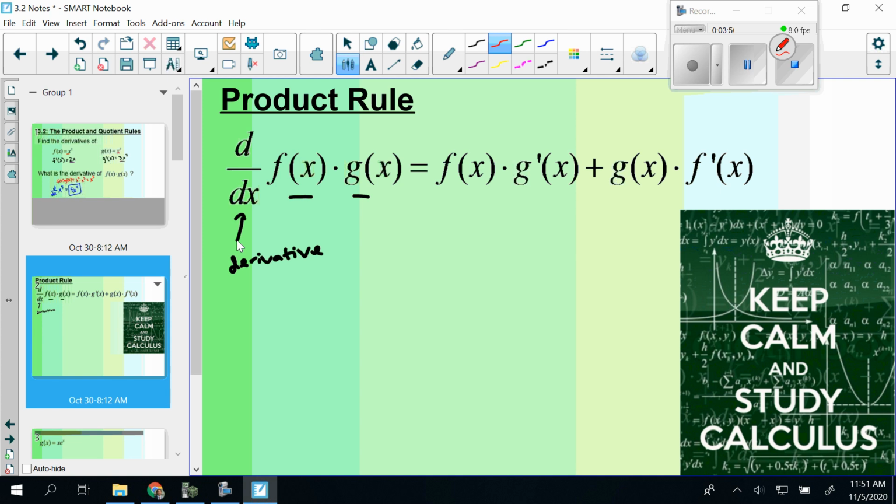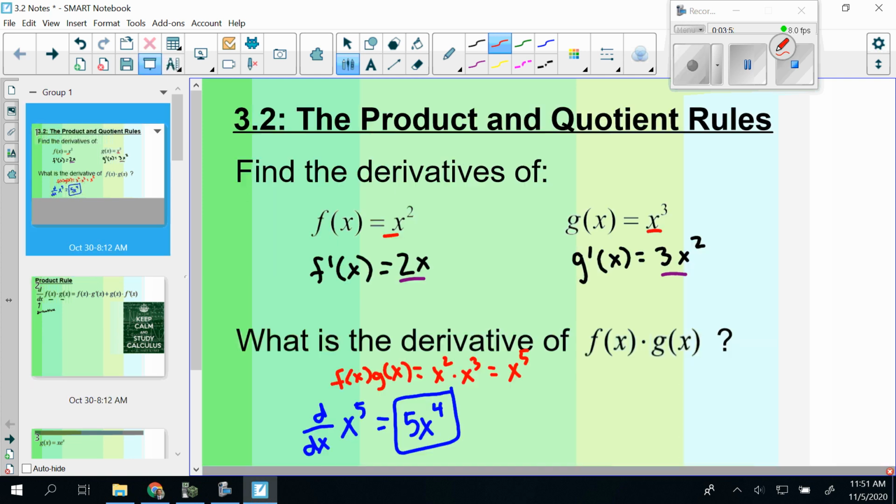Let's just show you that it does in fact work. So I'm going to go back to the problem where we already know the derivative comes out to be 5x to the 4th. Let's apply product rule and see if we get the same thing. So product rule is f of x times g prime of x plus, switch them around now, g times derivative of f. And we found all those things already. So f of x is our x squared. G prime, we found that's 3x squared.